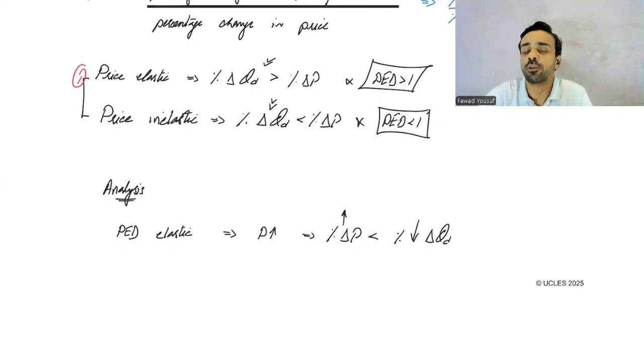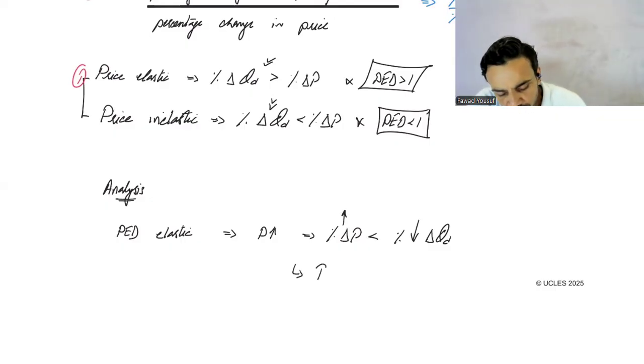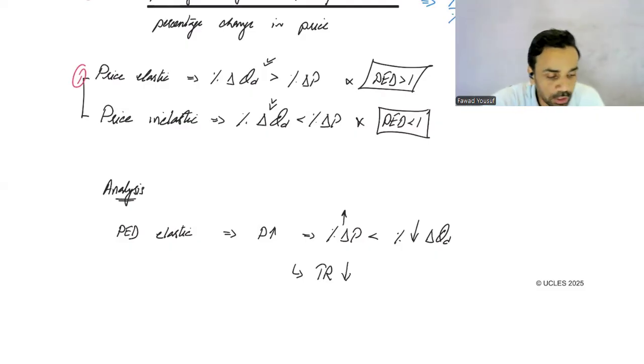There's going to be a bigger fall in quantity demanded and a smaller increase in the price. And this will lead to the firm's revenue, because at the end of the day, the entire discussion about elasticity of demand is about revenue. So in the case of elastic, if price goes up, your revenue is going to fall. I think that's what the discussion should be about.